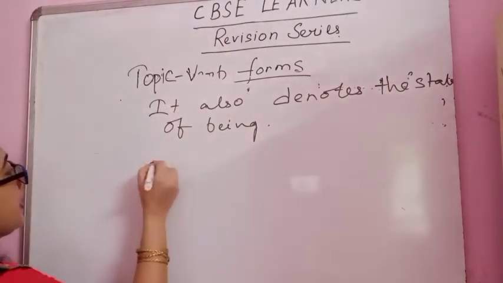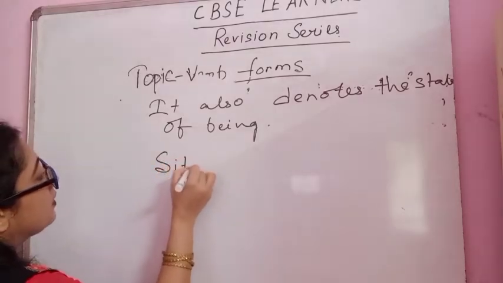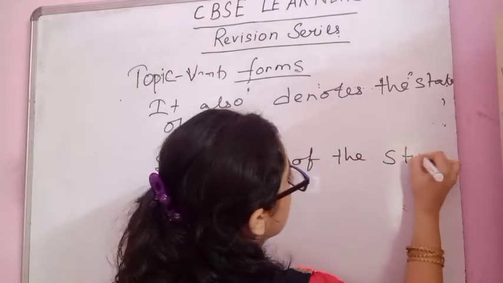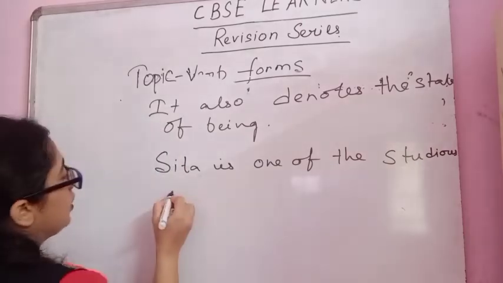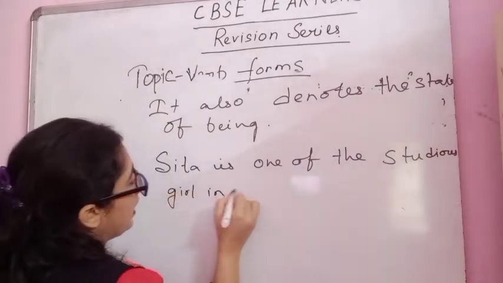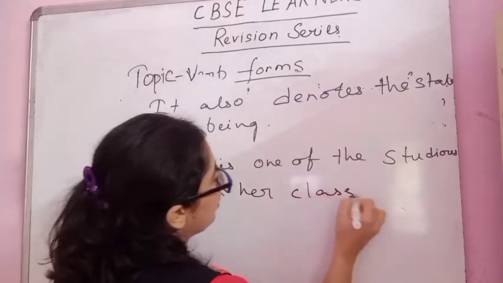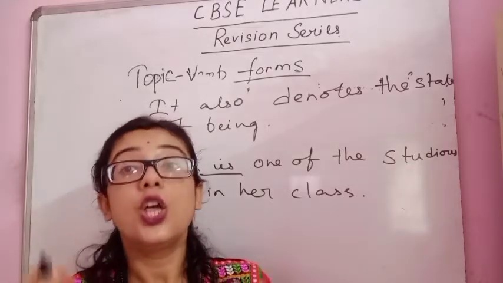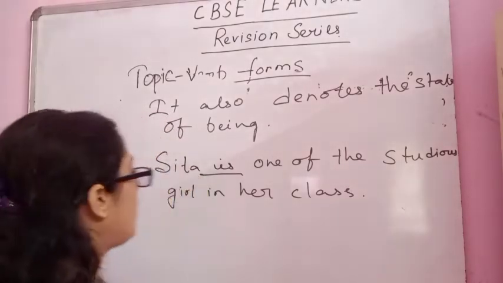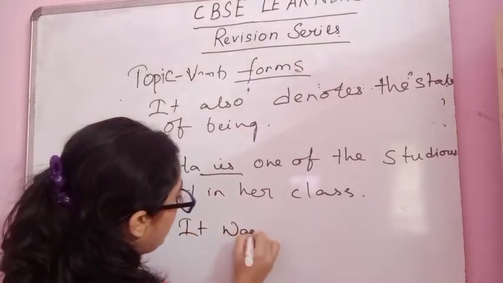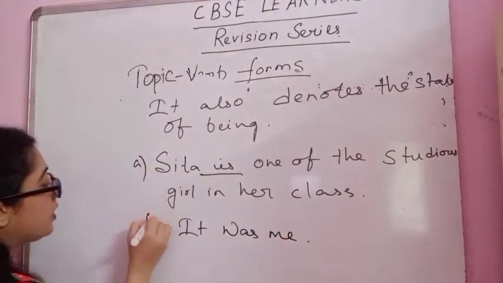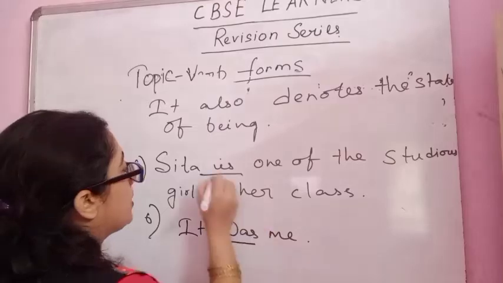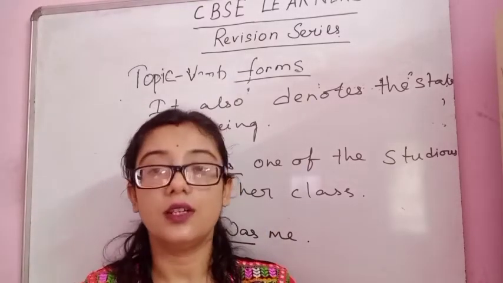When we say Sita is one of the studious girls in her class, it is showing the state of whom? The state of Sita, that she is one of the studious girls in her class. Or, it was me. These examples show the verb acting as a state of being. So was, is, are, these all indicate the state of being.